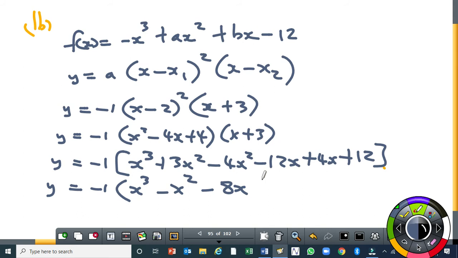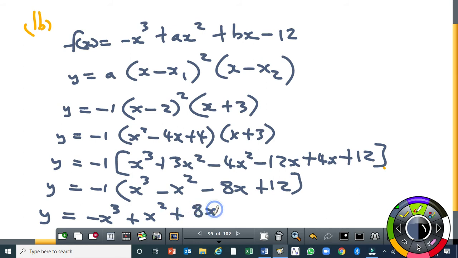Alright? Plus 12. In the end, listen, this minus 12 here must appear in my equation. This minus x squared must appear. However, y equal to minus x cubed plus ax squared plus 8x minus 12.